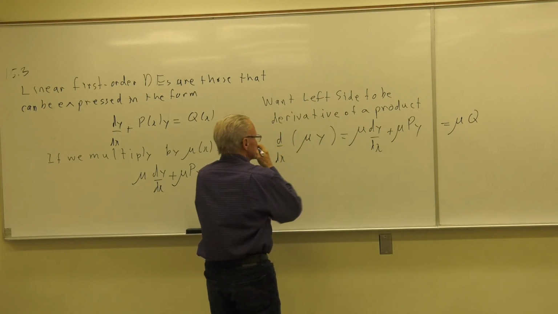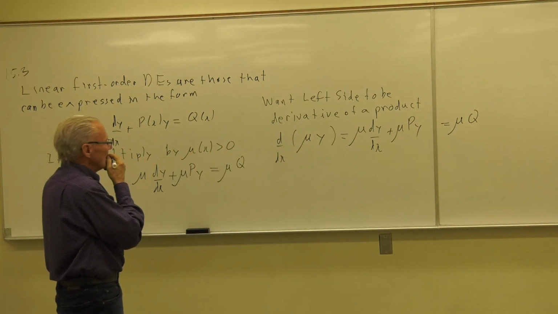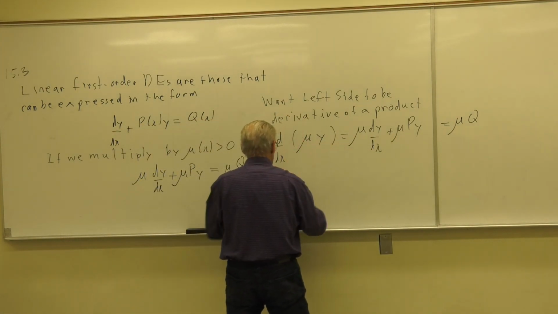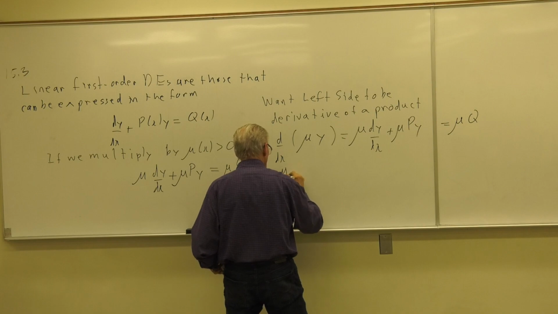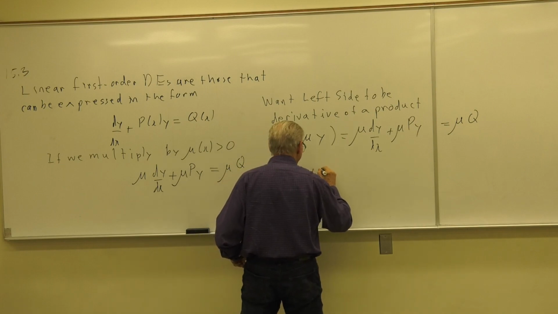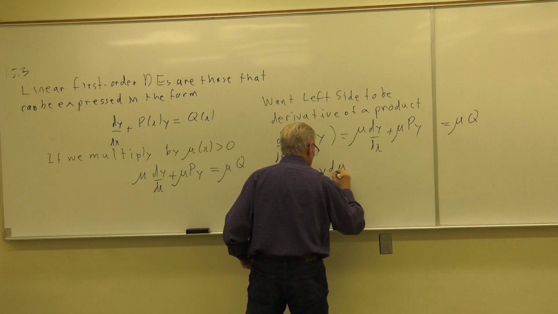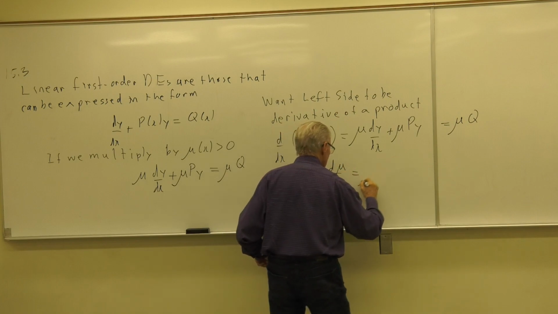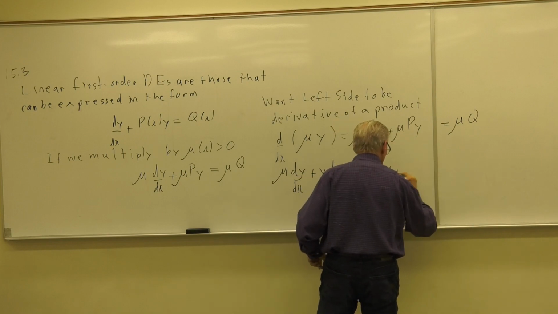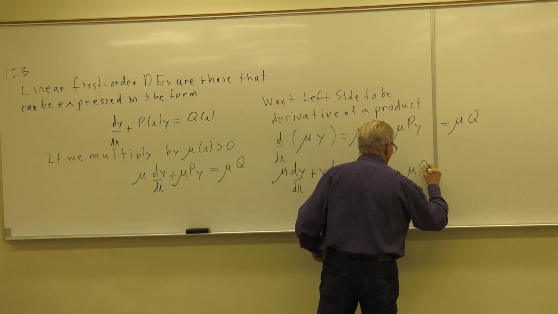All right, so let's look at this. We want this thing to be equal to this thing. Let's do the product rule. We would have mu dy/dx plus y d mu/dx must be equal to mu dy/dx plus mu p y.